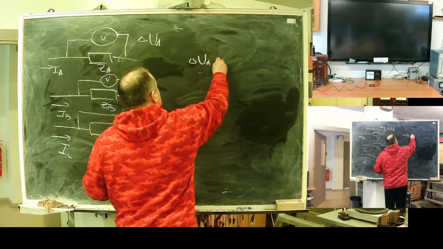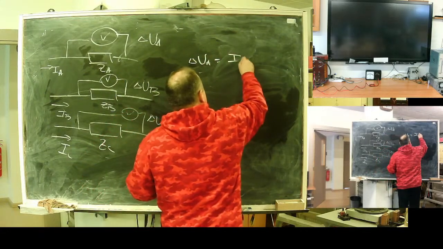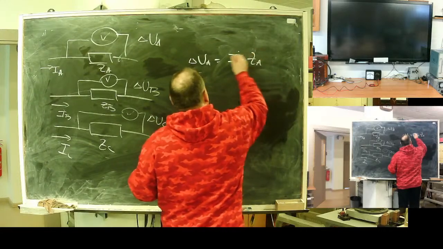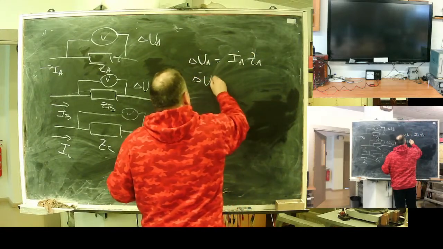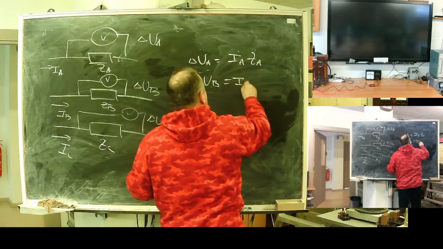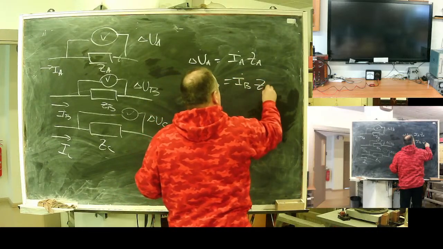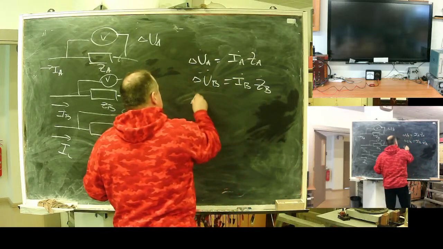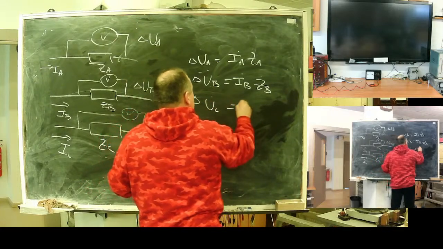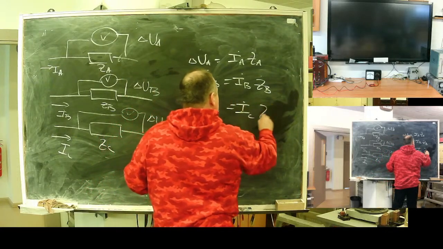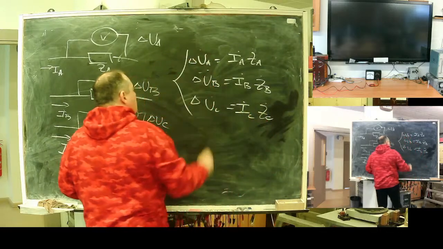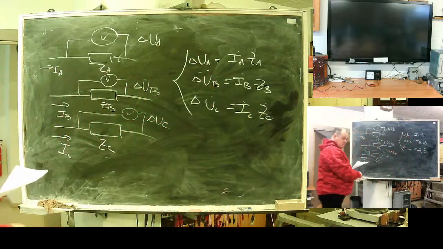Voltage drop in A phase is the A phase current multiplied by the A phase resistance. B phase voltage drop is the B phase current multiplied by the B phase resistance, and likewise the C phase voltage drop. It's easy.